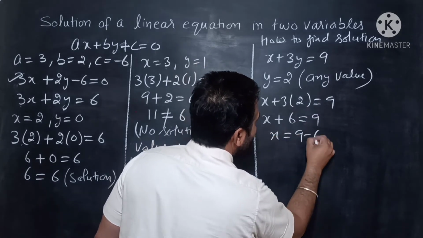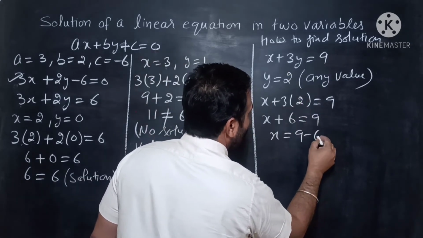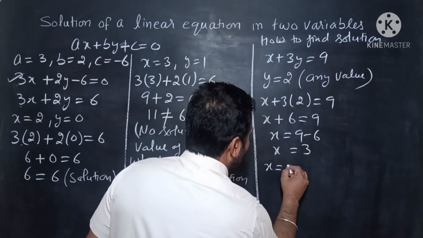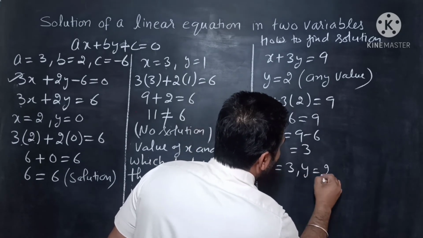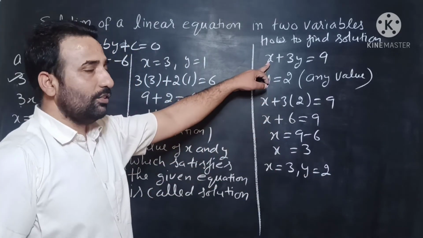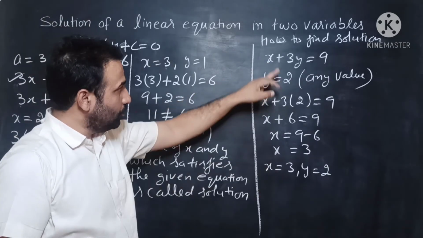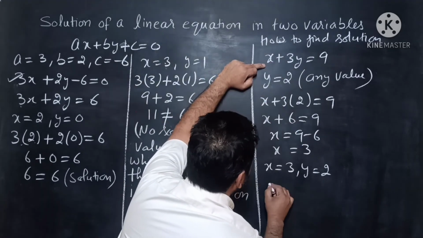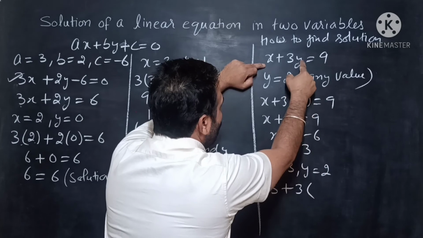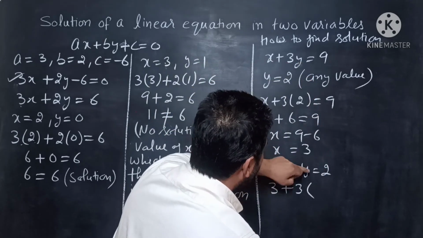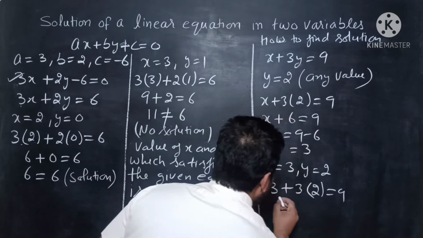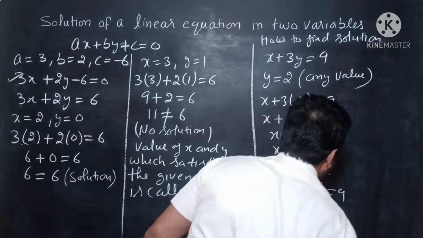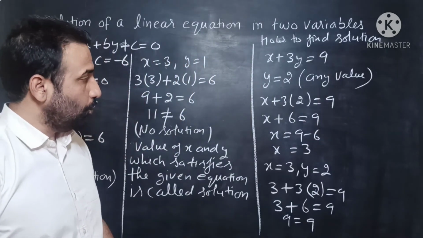The 6 will go to the other side and become negative, so x is 3. It means x equal to 3 and y equal to 2 is a solution of this equation. If you want to check, we can check also. Put x equal to 3 and y equal to 2: 3 plus 3 times 2, 3 plus 6 equal to 9. 9 equal to 9. That is a solution.